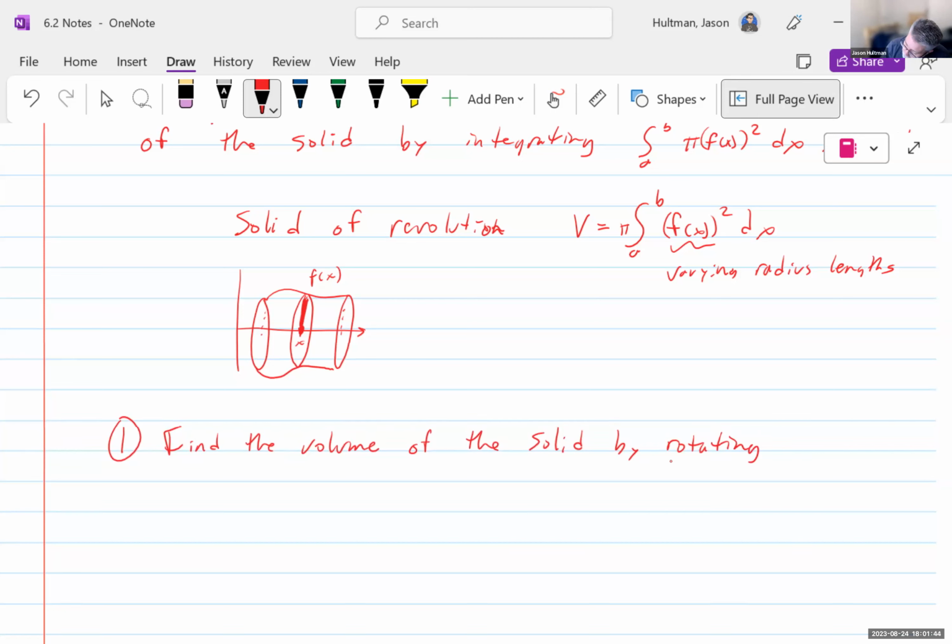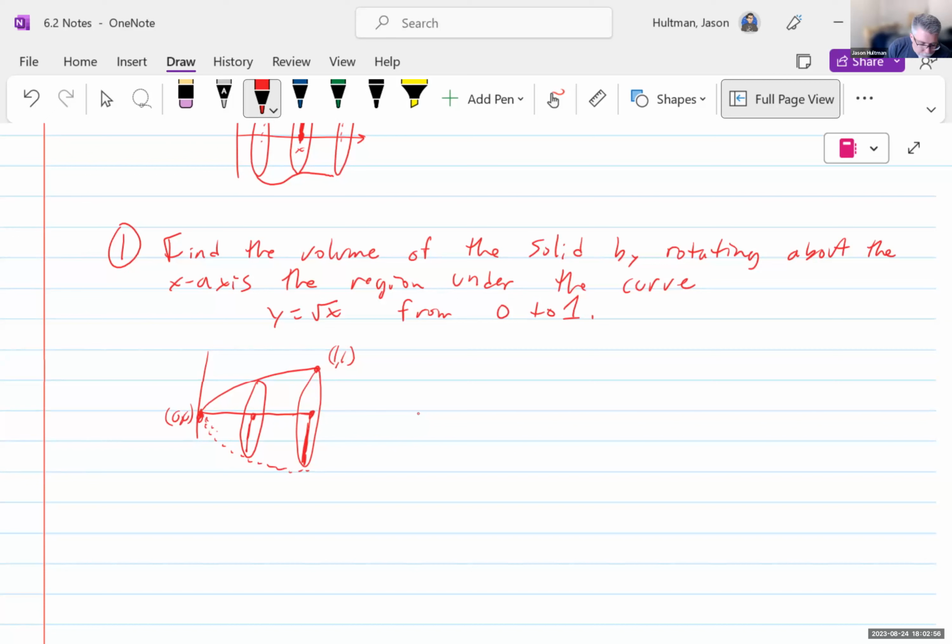Then I sum all those slices up with my varying radii. I want this total volume here. So how do we do that?